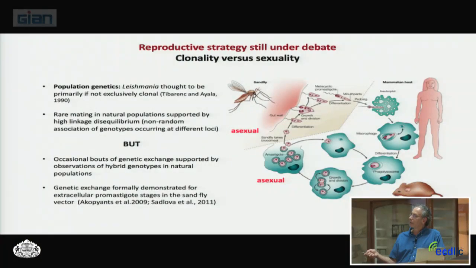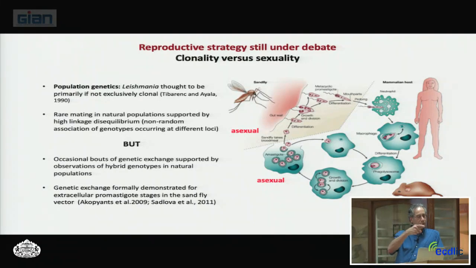Looking at their analysis of marker loci convinced them that these were asexual, clonal, based on high linkage disequilibrium. But as people used more discriminating markers and collected more Leishmania isolates, they continually found genomes that looked like hybrids, consistent with intermixing and genetic exchange, because based on these markers they could describe hybrid genotypes between different species.